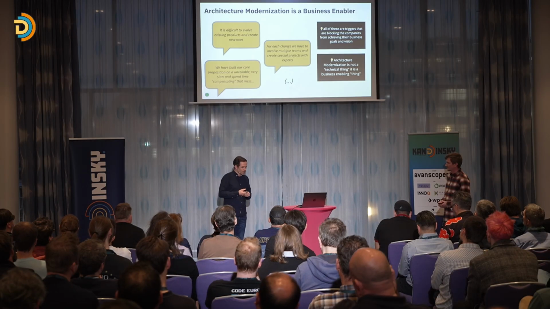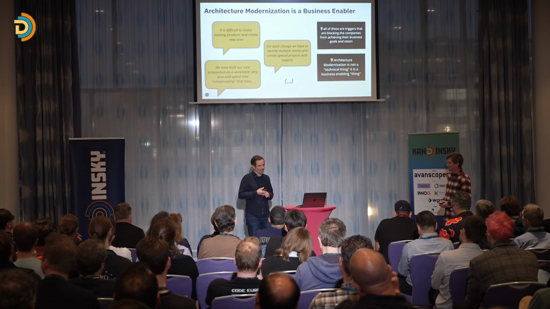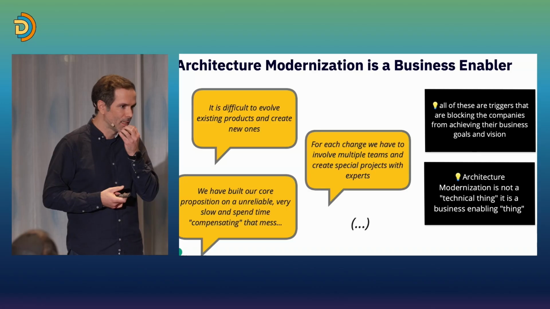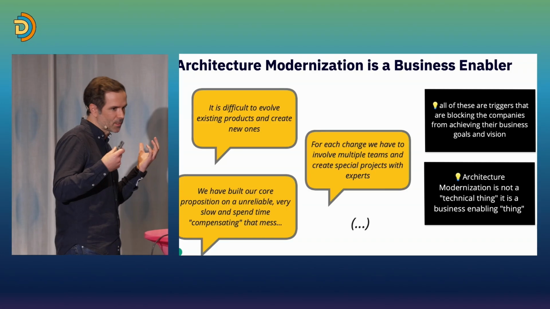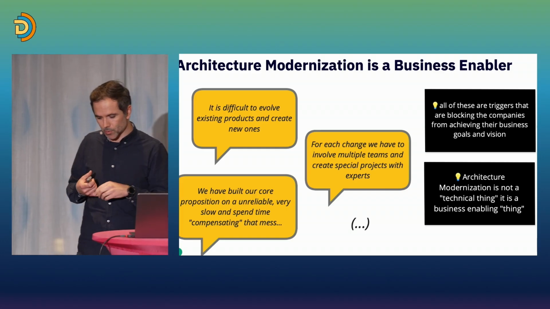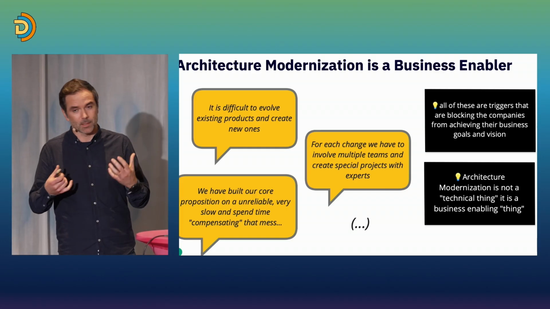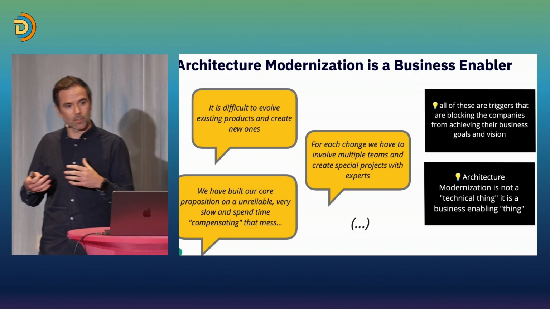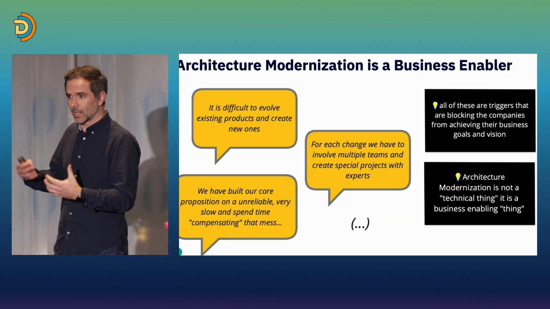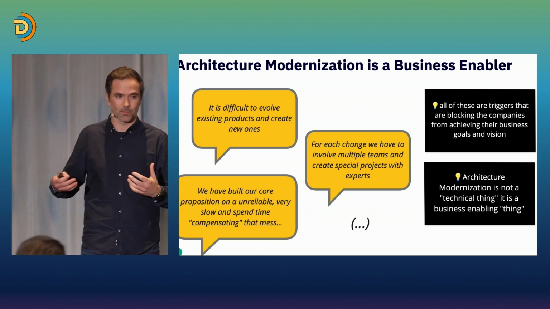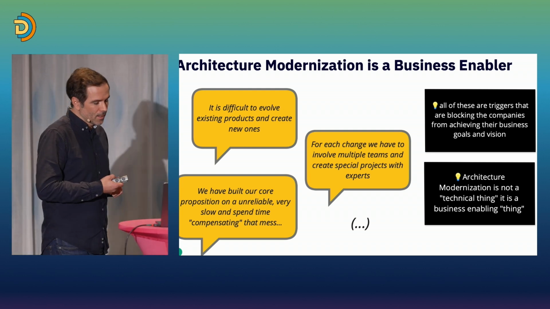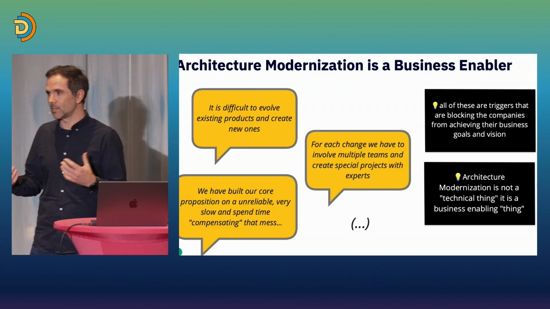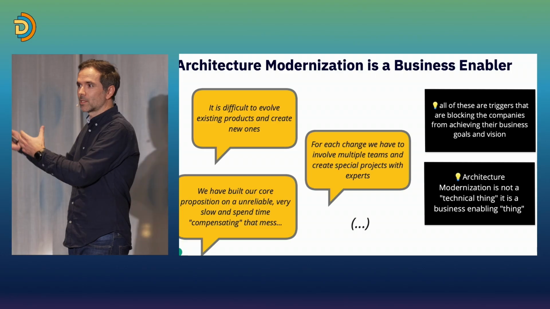Yeah, so building up on that idea, these are some quotes from clients that we have. What are some of the typical things that clients approach us with? It's difficult to evolve existing products or create new ones. We can't move anymore. It takes us forever to do that. Some other flavors are we have built our core proposition on an unreliable third-party platform.